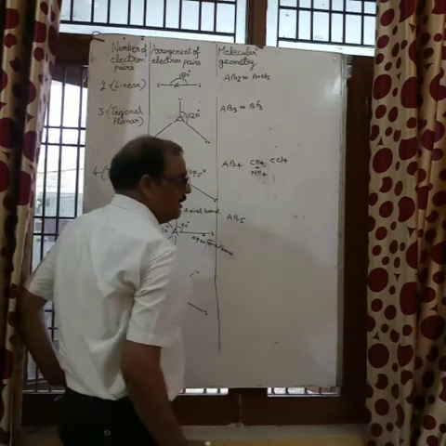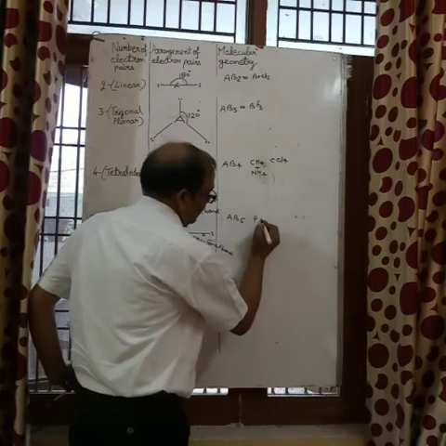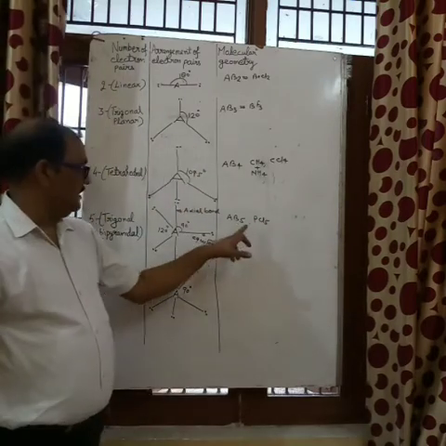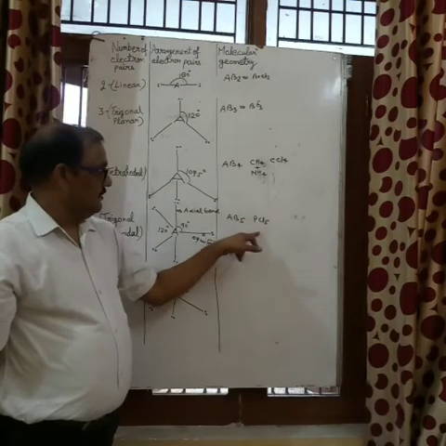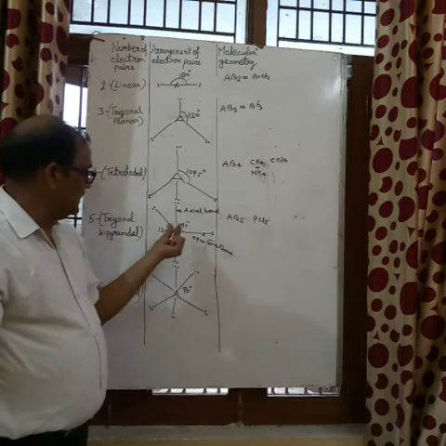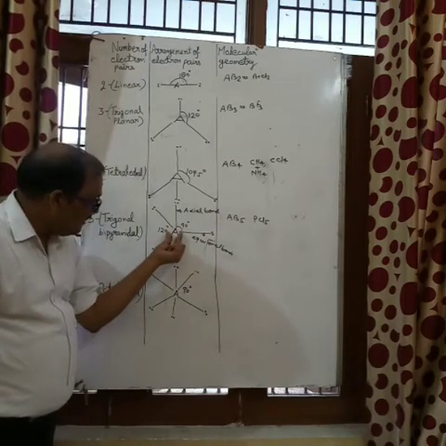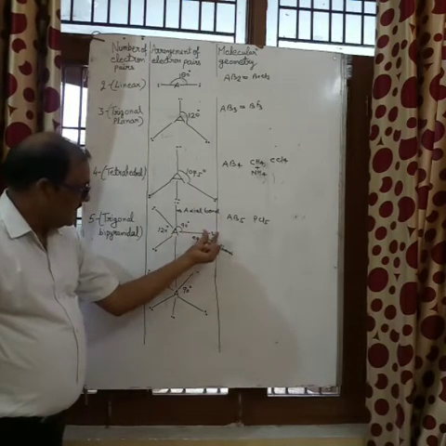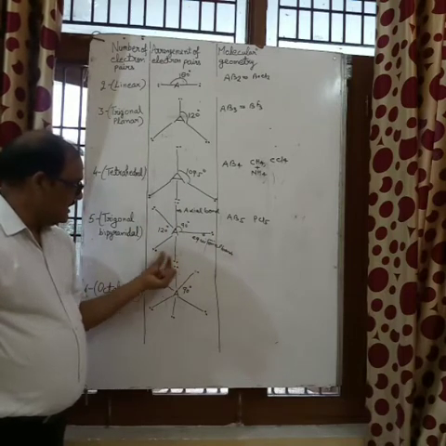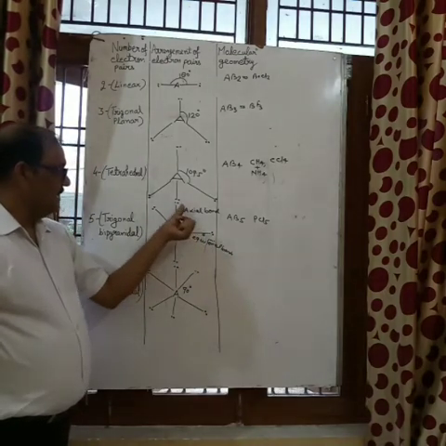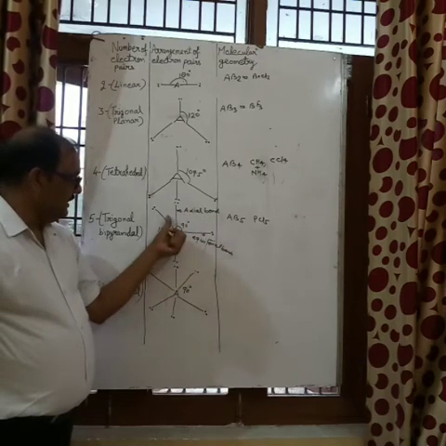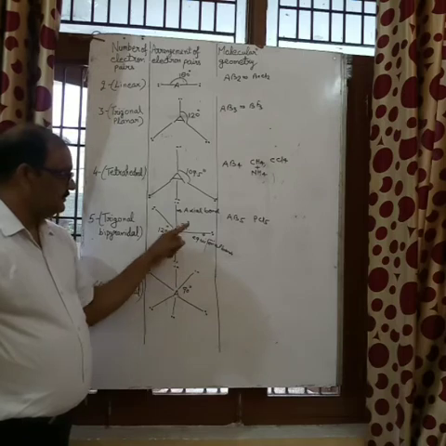The possible compound is AB5 type, like PCl5. The best example for 5 pairs of electrons is PCl5. It means phosphorus is the central atom, and 5 Cl atoms are attached at these places, with 2 axial bonds and 3 equatorial bonds.